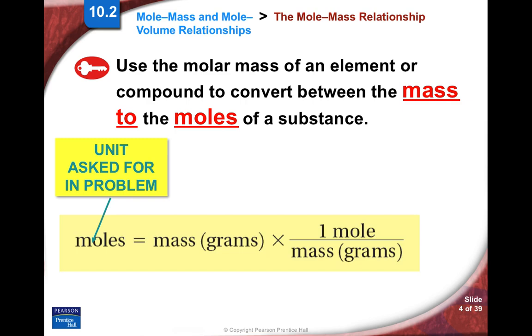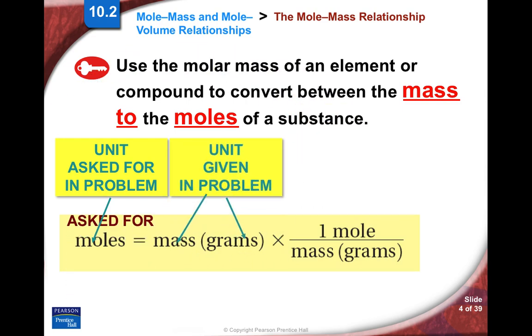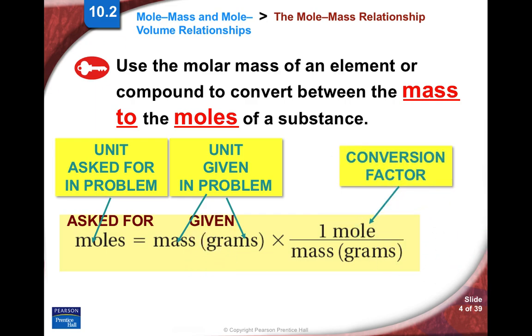The problem you might be trying to solve is asking you to solve for moles. They would have had to give you the mass of the element or compound in grams. That's the given, then you need your conversion factor.